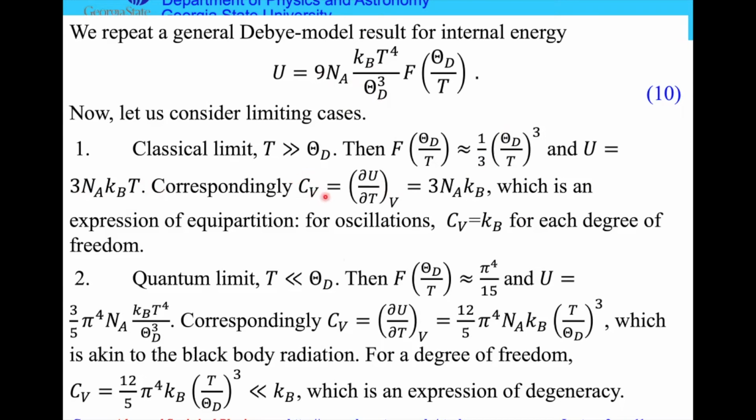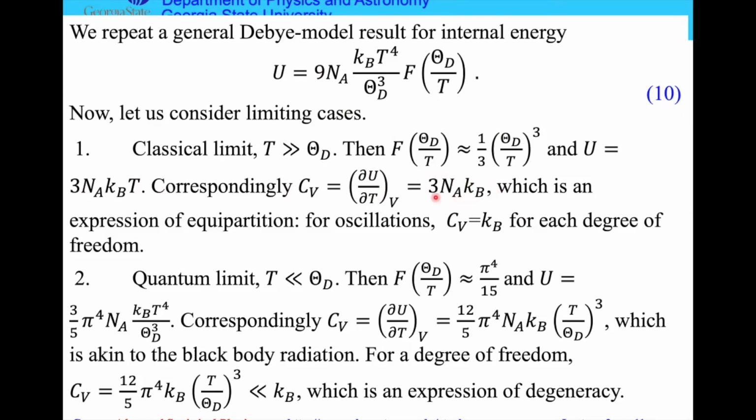Now we find Cv. Cv is the derivative of U over T at constant V. V is not a parameter. We nowhere have the volume of the crystal. So I can write it, but it doesn't matter. There's nothing to fix. What is actually fixed is the number of atoms. So it will give me 3 N_a k_B.